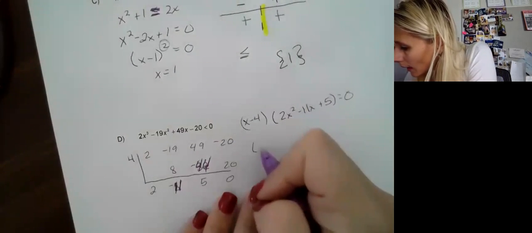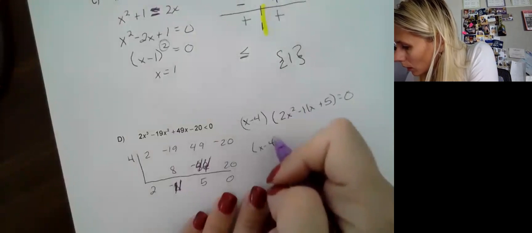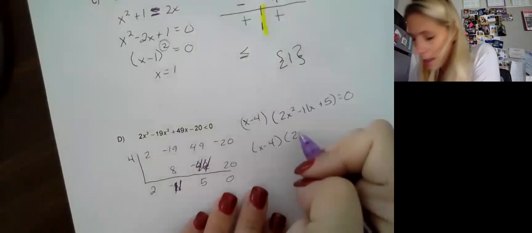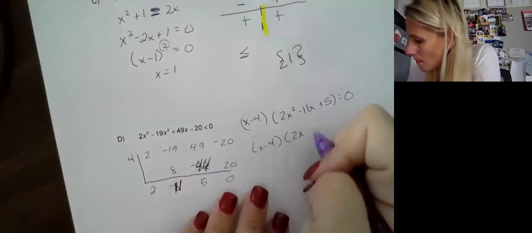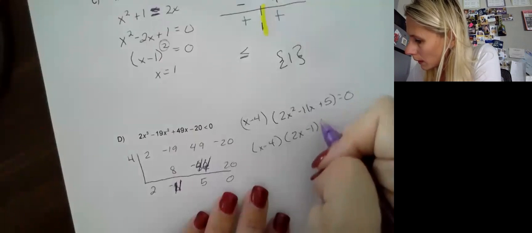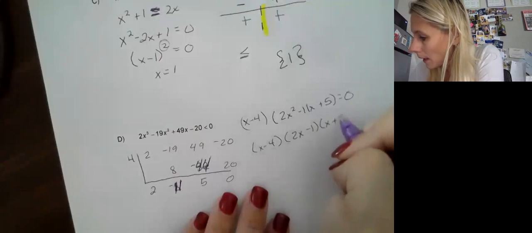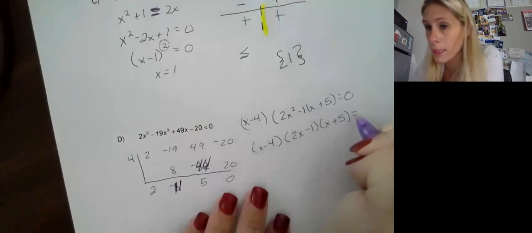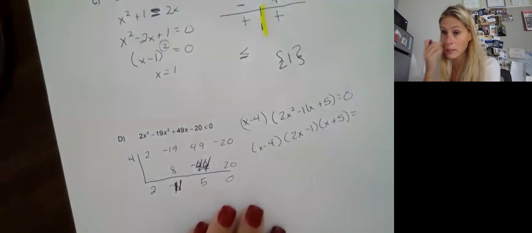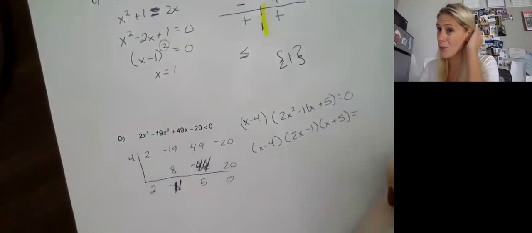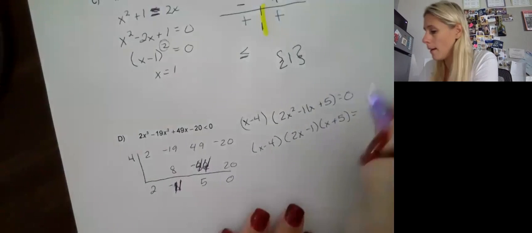I get x minus 4 times 2x minus 1 times x plus 5. Again, if you need help factoring that, make sure you ask me separately, okay guys? We've been doing it for years, so I'm assuming that you're really good at it.